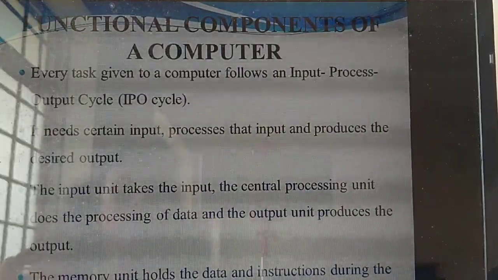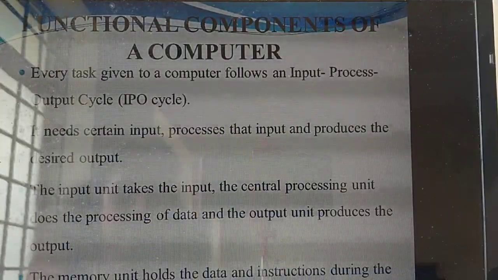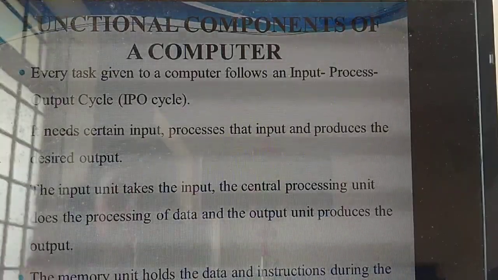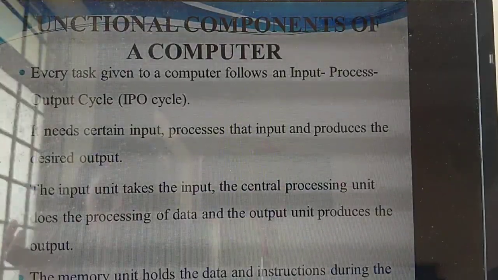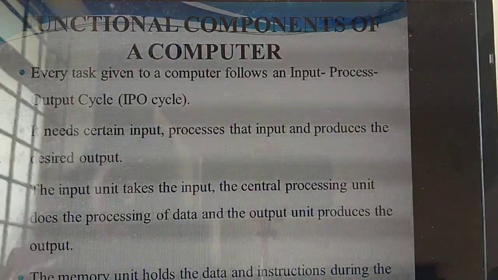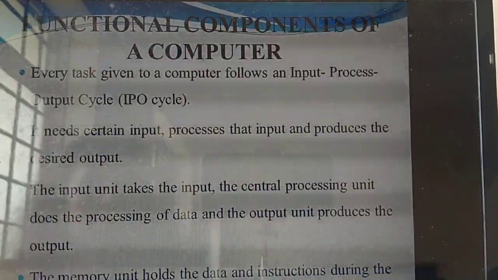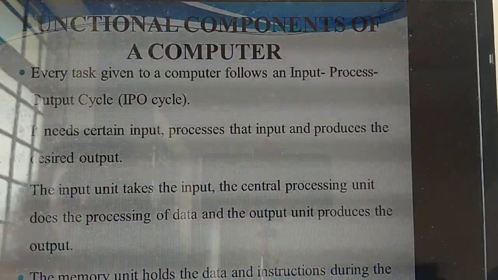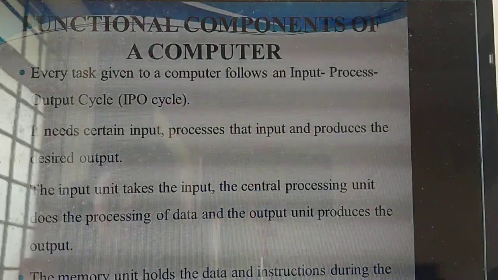No. If you mug up everything without understanding, surely you will forget. Likewise, if the processing is done in the CPU, do the things need to be stored in memory? Surely they need to be stored in memory. So which unit stores the data? Memory unit. The memory unit holds the data and instructions during processing. So at the time of processing, all the things are held using which unit? Memory unit. Understand now? So in this slide, what are the things you have studied?